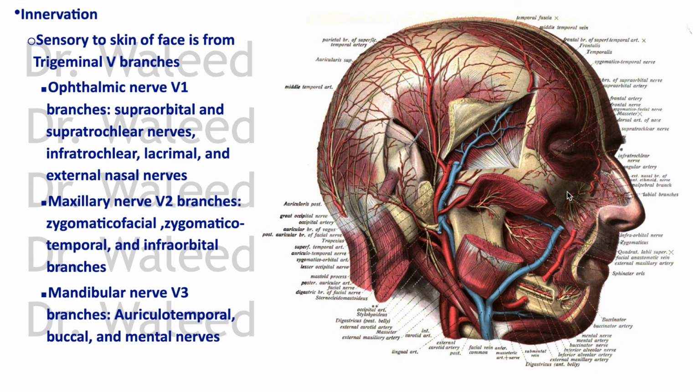From the maxillary, you can see the infraorbital branch. You can see it here, supplying the nose and the upper eyelid and the cheek area. And the zygomaticofacial nerve, this one, another zygomaticotemporal nerve at the back. This all supplies the face.